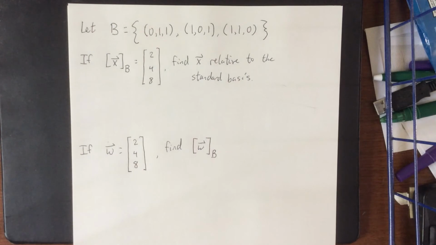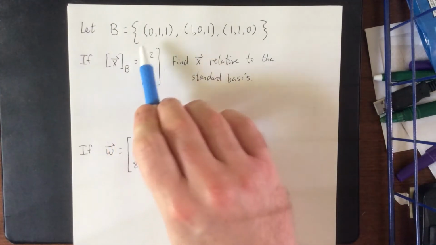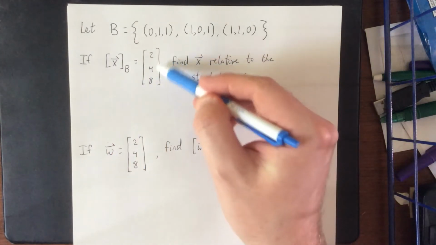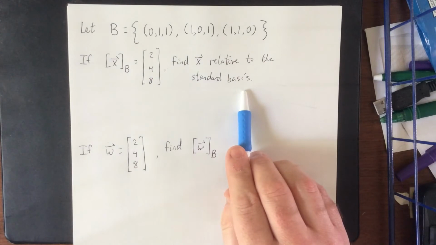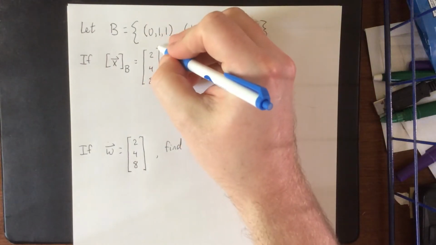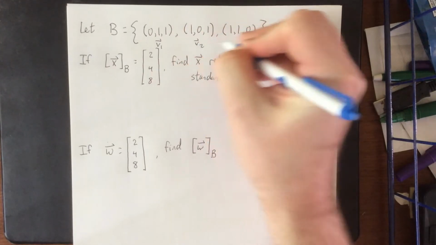The first thing that I would like to do is say that if we have a coordinate representation relative to this basis of 2, 4, 8, what I'd like to do is find x relative to the standard basis. So we can interpret this. Let's go ahead and name these three vectors v1, v2, and v3.